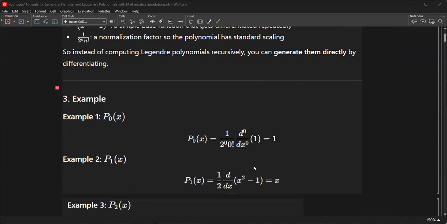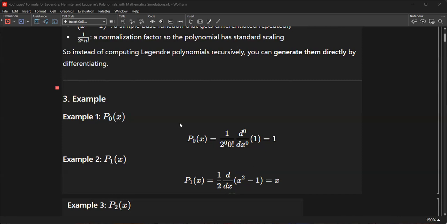So let's have some first examples to understand the theory behind the Rodrigues formula. This is the Rodrigues formula, also known as the Legendre polynomials.